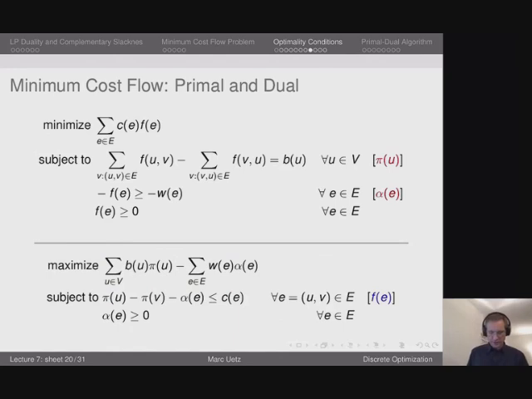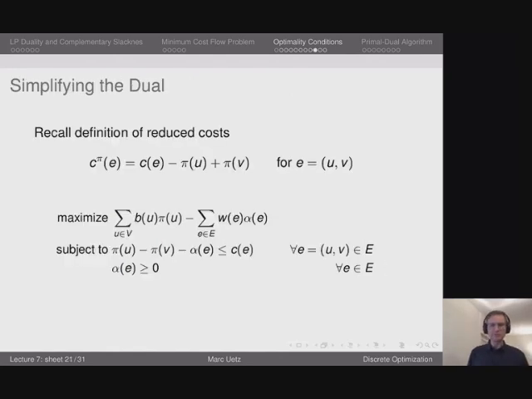All right, so let's now just simplify the definition of the dual, remembering that these were the reduced costs that we defined earlier. Then we will recognize that these reduced costs actually show up in these constraints. That is what I already did on the previous slide. So let's just do that.